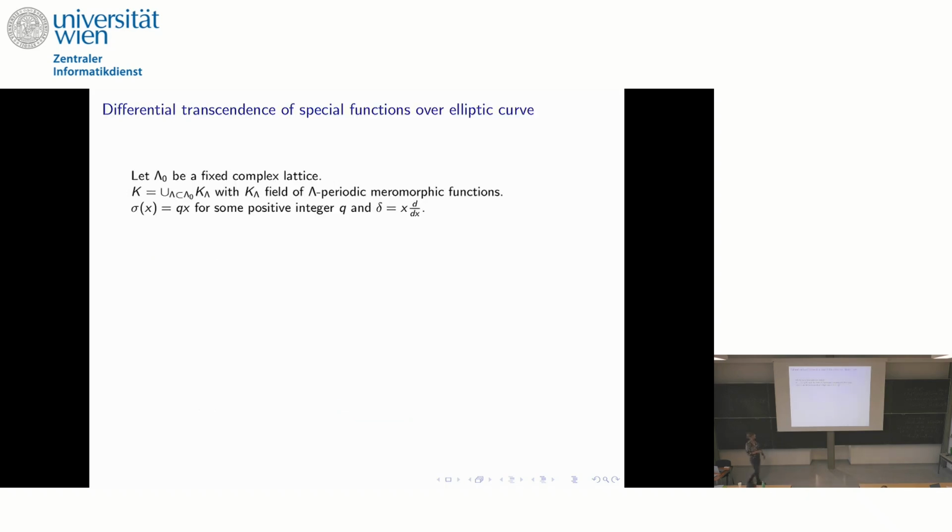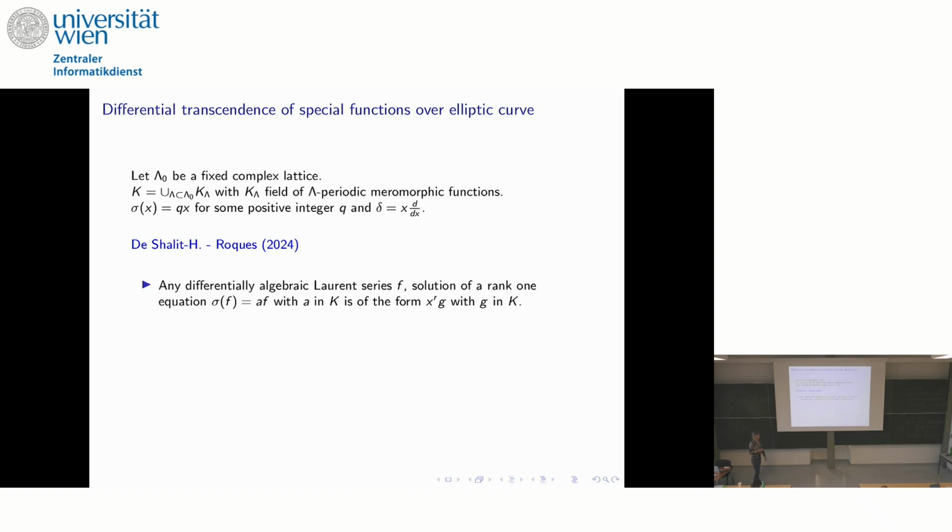So we used the same strategy for q-difference systems above an elliptic curve with Ehud de Shalit and Julien Roques. So we proved the rank 1 assumption. Any differentially algebraic Laurent series is a solution of such an equation. It's of the form xRG with G in here. Okay.